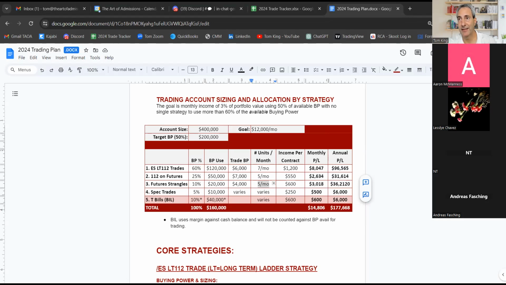So you could size this up, right? But my contracts are going to get to be too large if I try to do it all. Now here, this would be probably the size. It's somewhere between 5 and 6 contracts of oil, and would use about 13,000 in buying power. But if you remember, the trading plan said use about 5 contracts on average, about 20,000. So if I did it all here, I would only be able to put strangles on in oil.